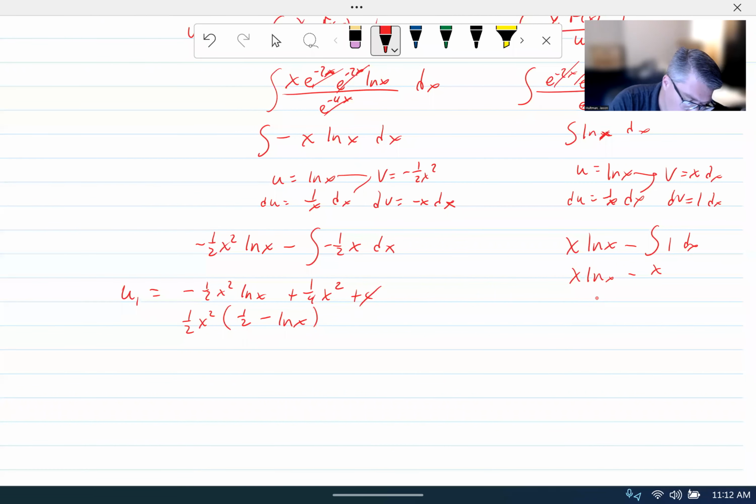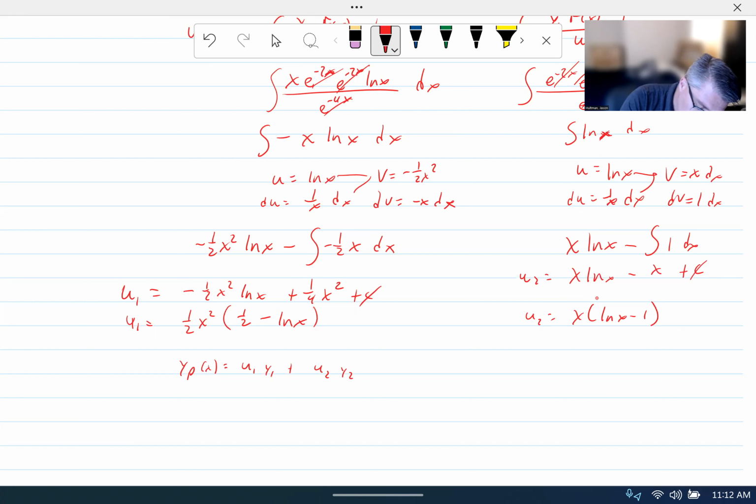So this is equal to u2. So u2 could equal x times ln x minus 1. Okay, and there's a plus c here, but once again, we're going to eliminate that because we only need one particular solution. Okay, so yp of x is equal to u1 y1 plus u2 y2.